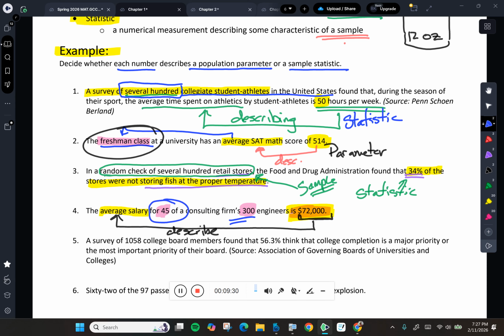Well, we got that number by talking to 45 out of 300. That 300, since that's all of the engineers, would be the population. The 45 that we talked to would be the sample. And the 72 grand, since it came from the sample, we would say that that is a statistic.